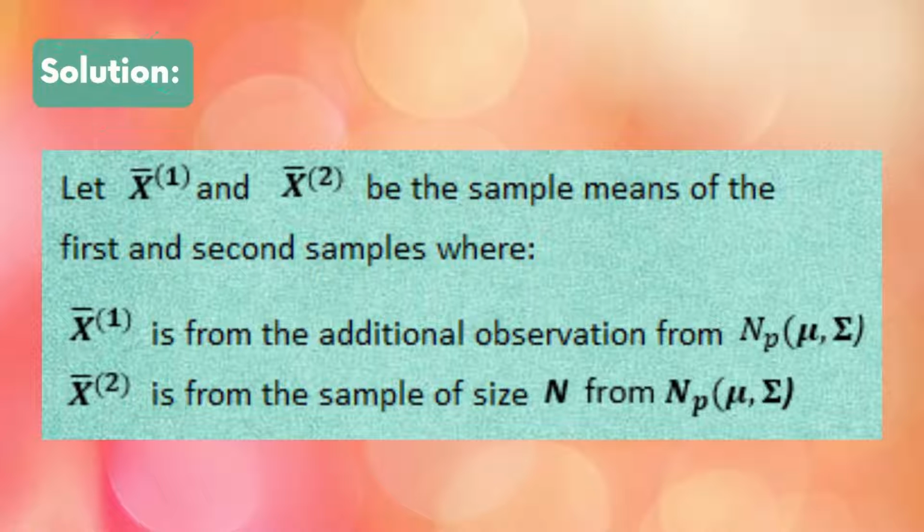Let x bar upper 1 and x bar upper 2 be the sample means of the first and second samples, where x bar upper 1 is from the additional observation from p-variate normal with mean mu and covariance sigma. X bar upper 2 is from the sample of size n from p-variate normal with mean mu and covariance sigma.